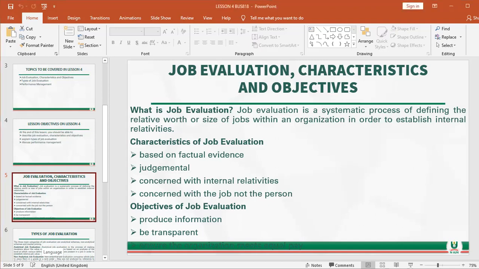Another one we'll be looking at is to be transparent. So another objective here is transparency. The basis upon which grades are defined and jobs graded should be clear. That means every aspect of the job evaluation in respect to job responsibilities, the pay structure and grade structure should be clear. You understand?